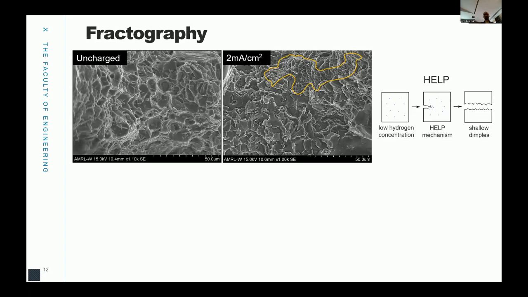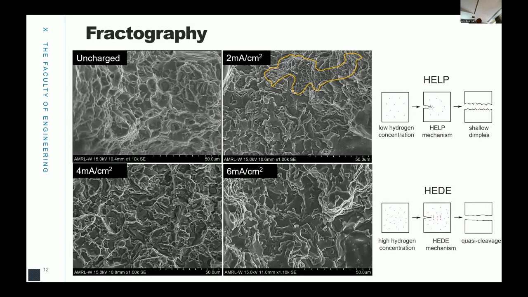Looking at the other specimens charged at higher current density, we see a transition from ductile fracture to brittle fracture, which is explained in Professor Jovic's papers. It's highlighted here; you can see that transition from ductile to brittle, and hydrogen enhanced decohesion can be used to explain this mechanism.